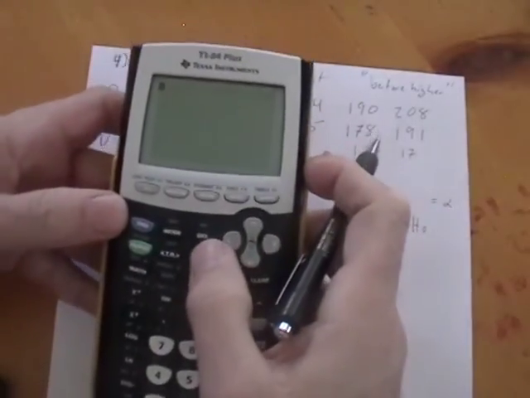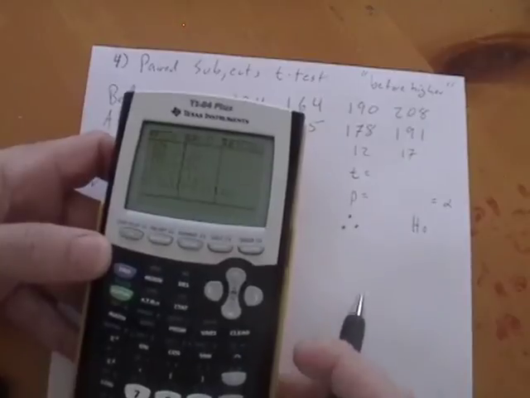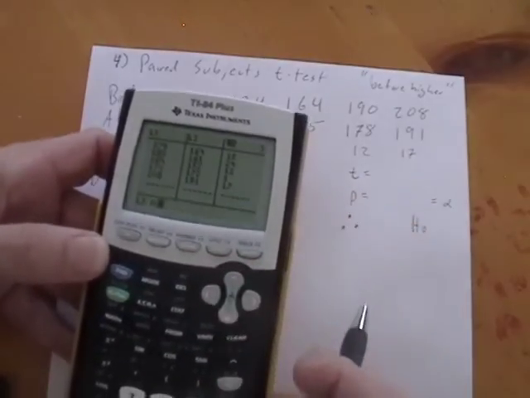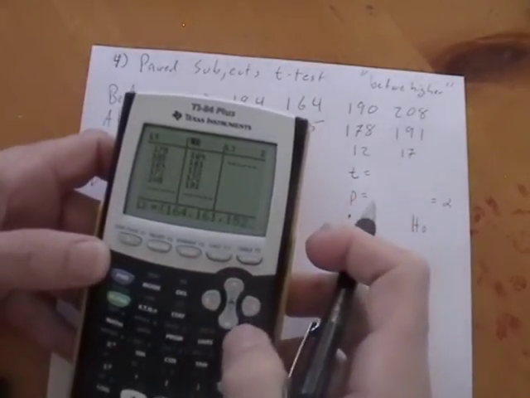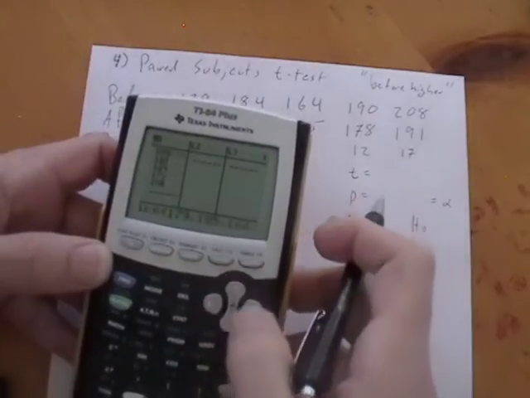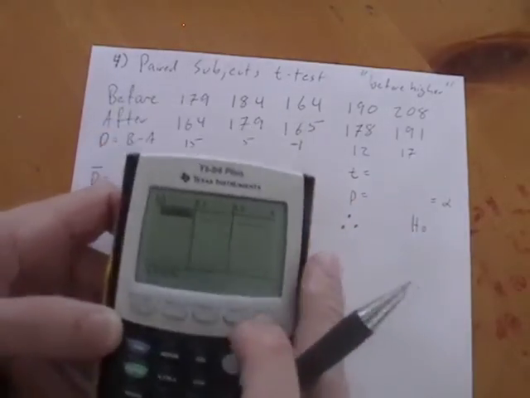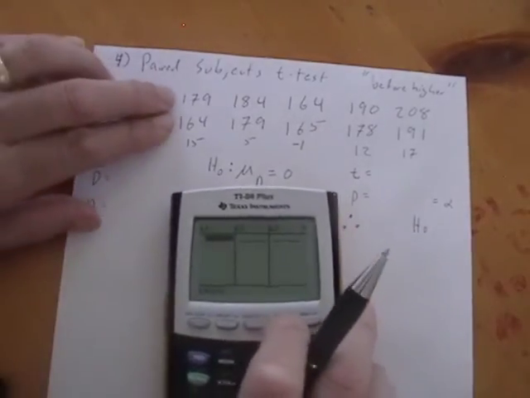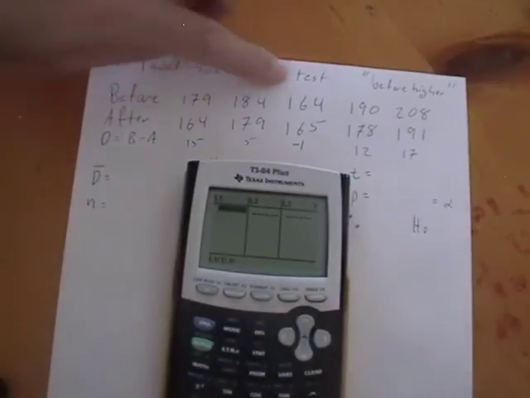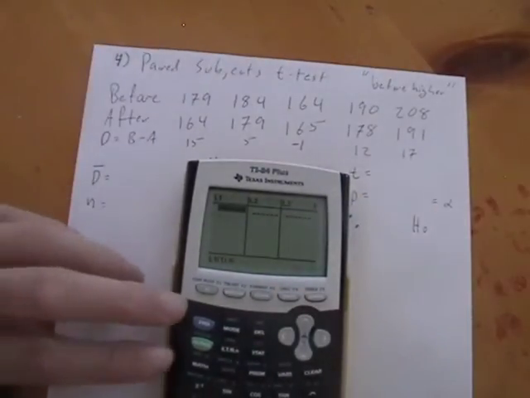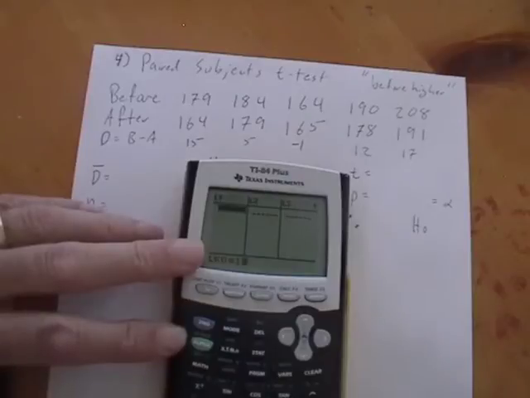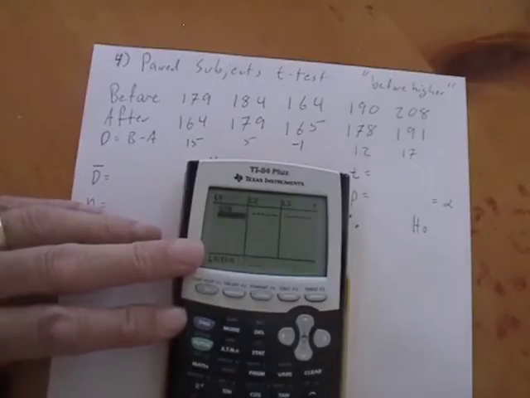So let's see, I go Stat, Edit. Let me get rid of these numbers from an earlier attempt. In list 1, I'm going to put in the numbers on top. So that would be the 179, the 184, the 164, the 190, and the 208.